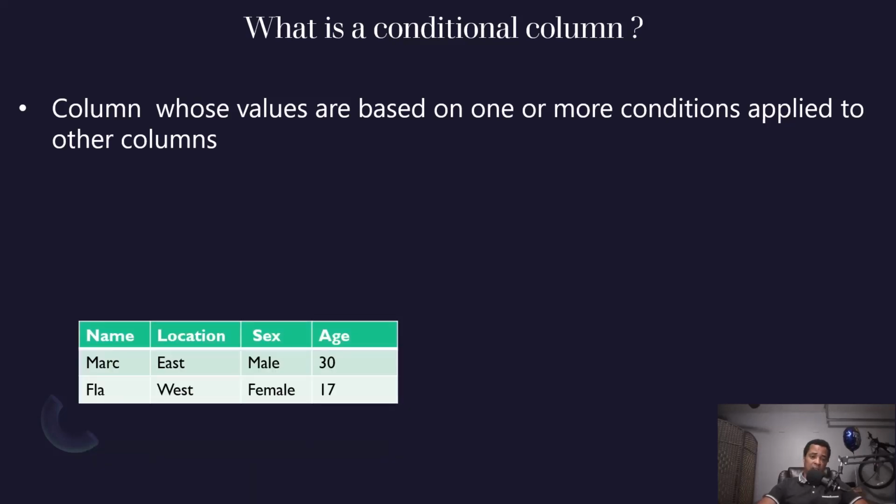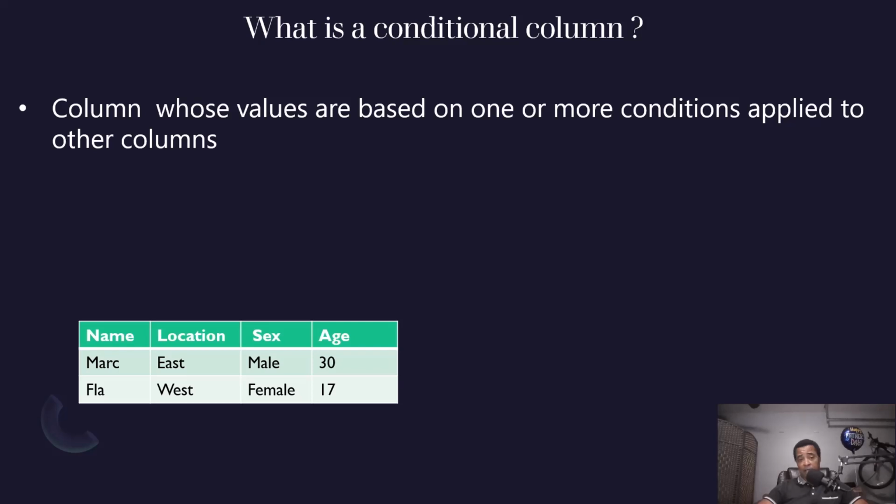Let's take the case where we have a dataset with 4 columns: name, location, sex, and age, and we'll see that a little later in practice. Let's say this table is coming from the cloud of Kobo Toolbox, and we have connected this table to Power BI.